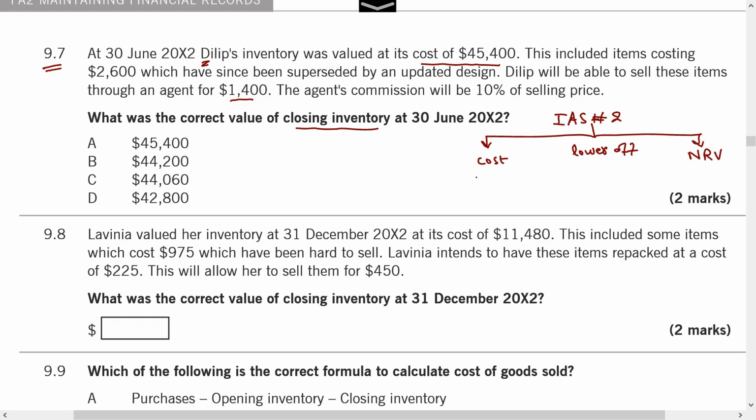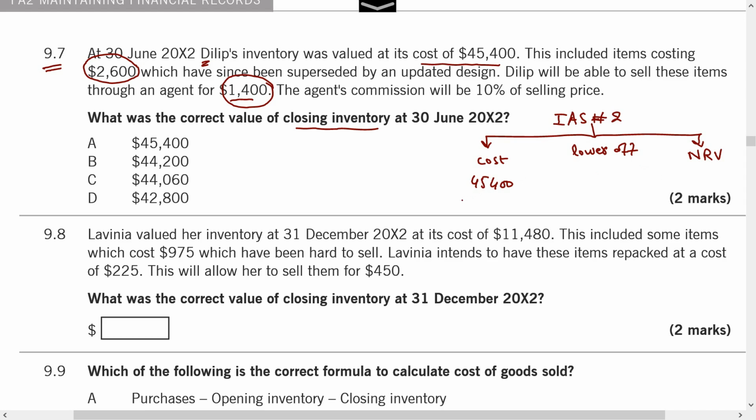So here in this case our cost is 45400, and an item of this amount is expected to be sold at this amount, right? So that means now we have to calculate the NRV of this item, right? So we can calculate it using this formula.